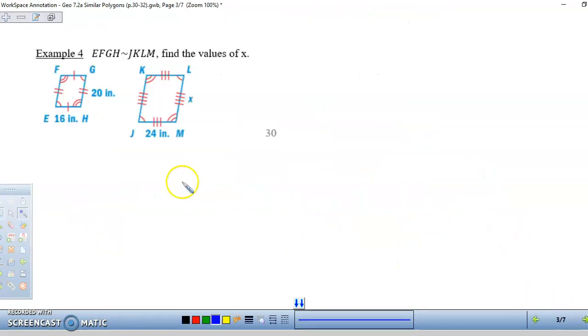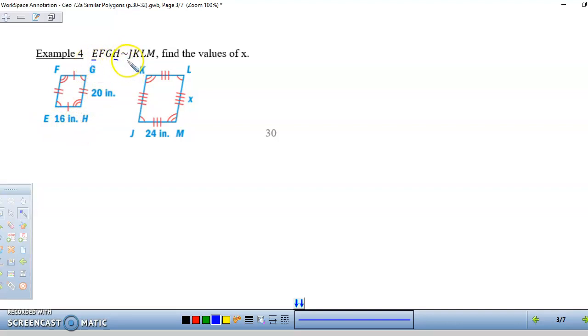Okay, last one. So here, you're given the similarity statement, so I already know these are similar to each other. And then you want to look for where you have given information. So I have given information at EH.